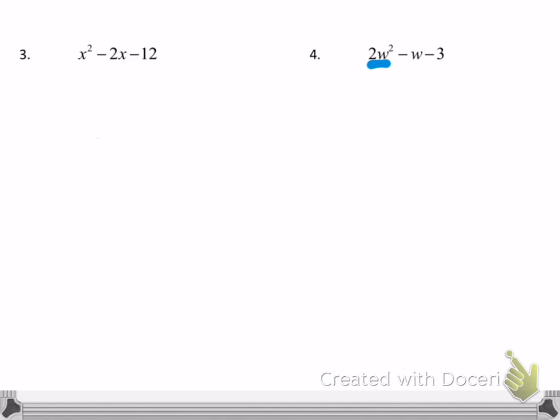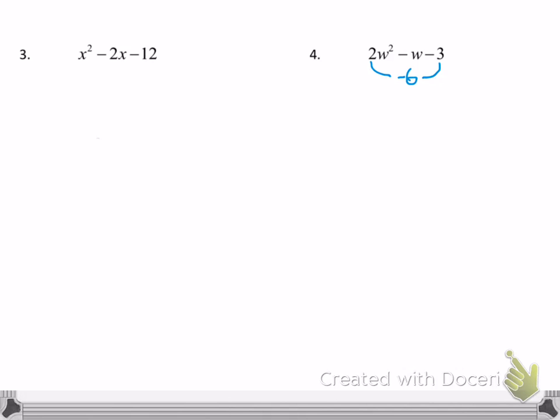I noticed that the first number is not 1, it's something else. So then I have to use this thing called the Miller method. Take your A, multiply by your C, and I get -6.